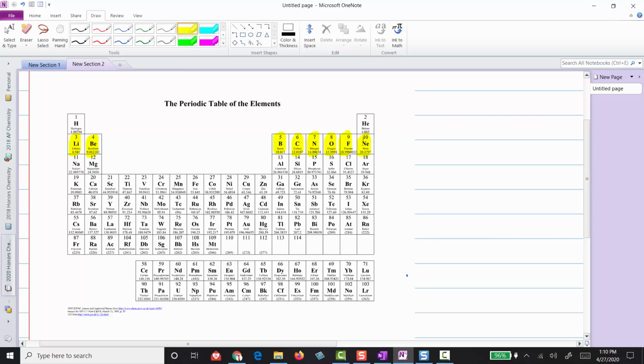Okay, and remember, to find valence electrons, you count the s's and p's in the row that it's in. So for example, lithium would just have 1. That one right there. Okay, beryllium has 1, 2.